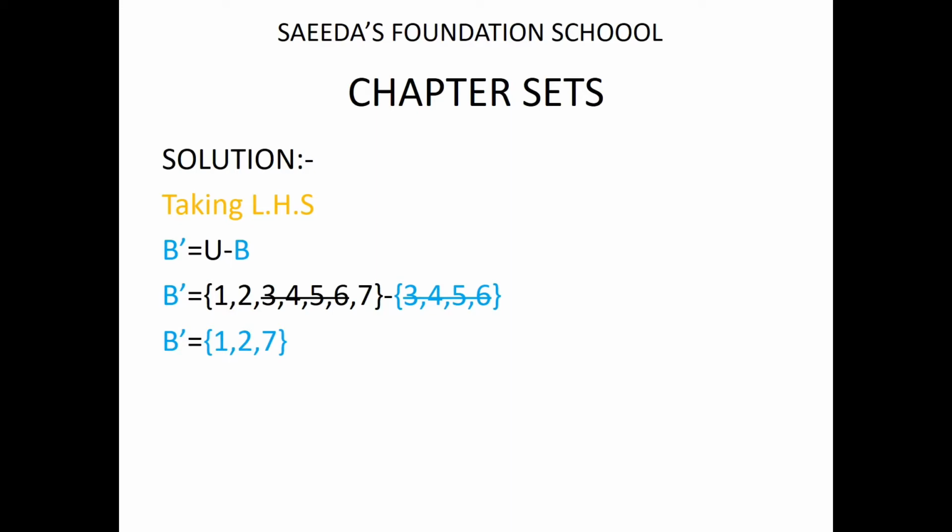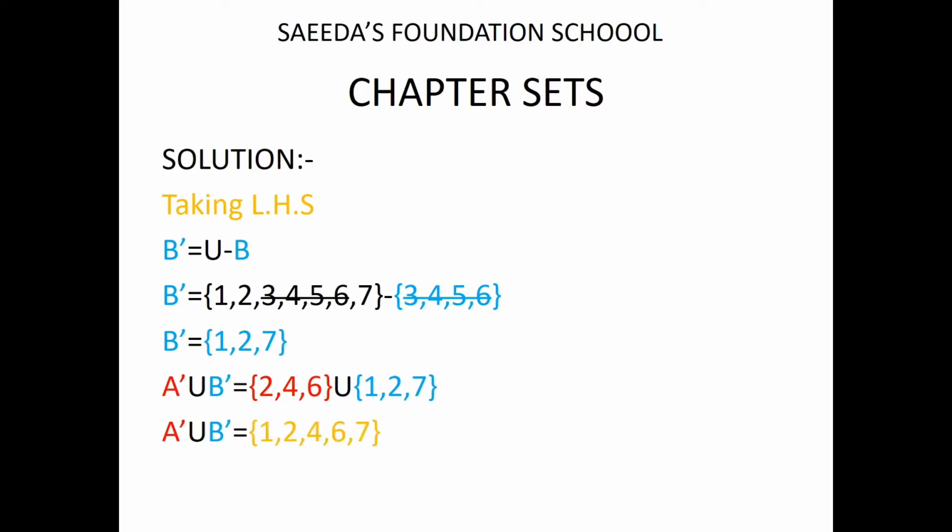Now we are going to take the union of both these answers, A complement and B complement, and when we take the union, you know that we are going to write down all the elements of both the sets combined in one set without repeating them and also writing them in order. So our answer is 1, 2, 4, 6, 7.